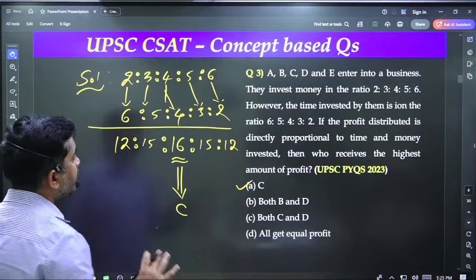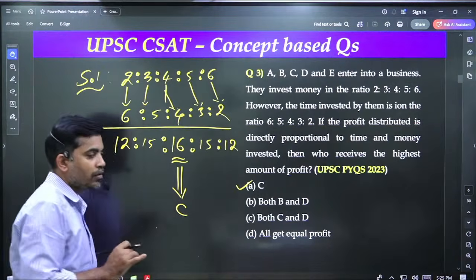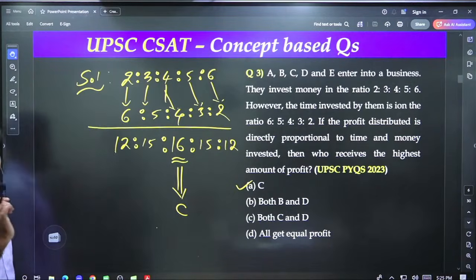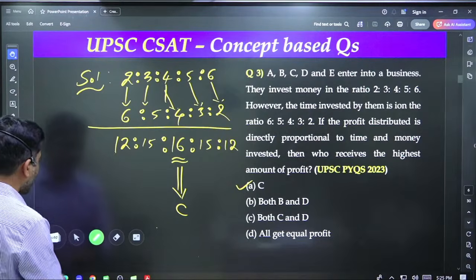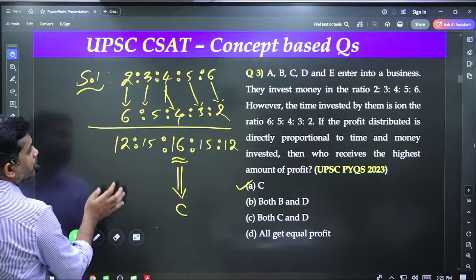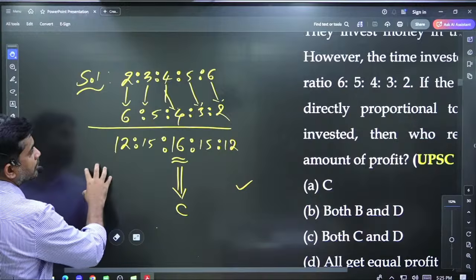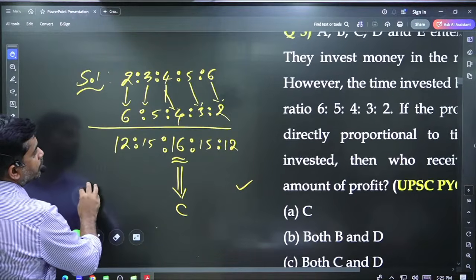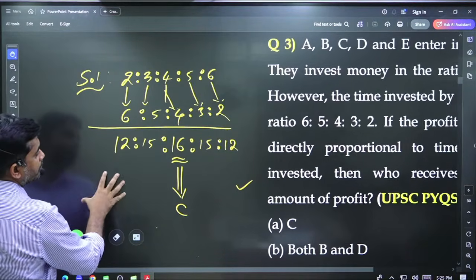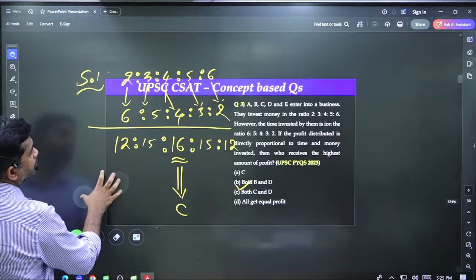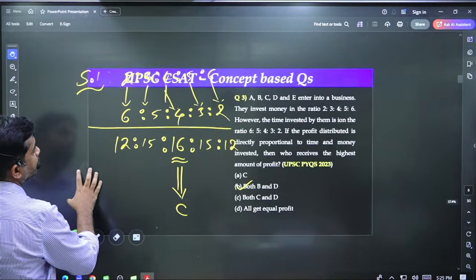This is one part. From the first three questions, we can understand every concept is highly important. Okay, next. Go to question number 4, everyone.